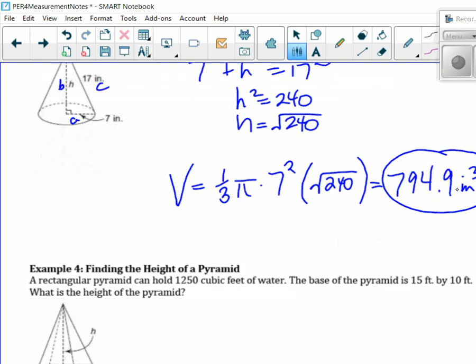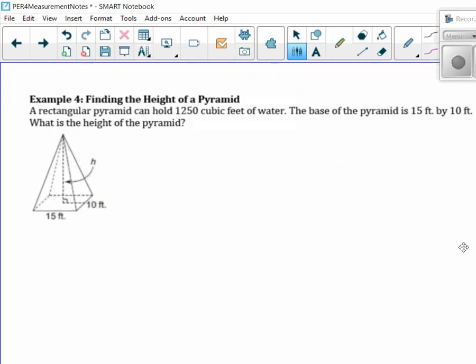Okay, moving on. We're going to find the height of a pyramid. So sometimes they give you the volume, and you have to work backwards to find a certain dimension. So remember, my volume of a pyramid is, what is it again?